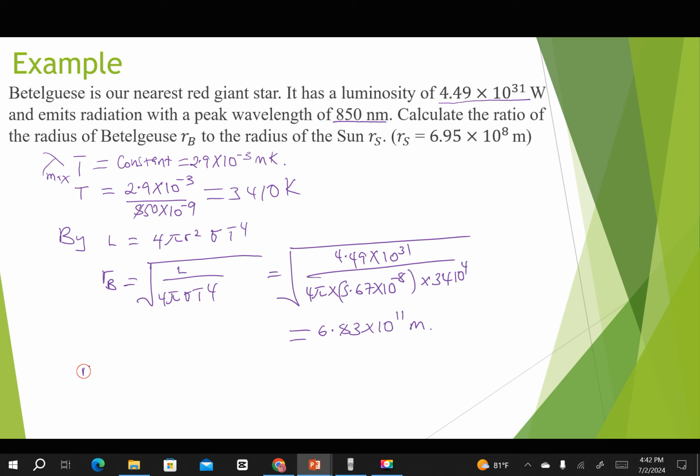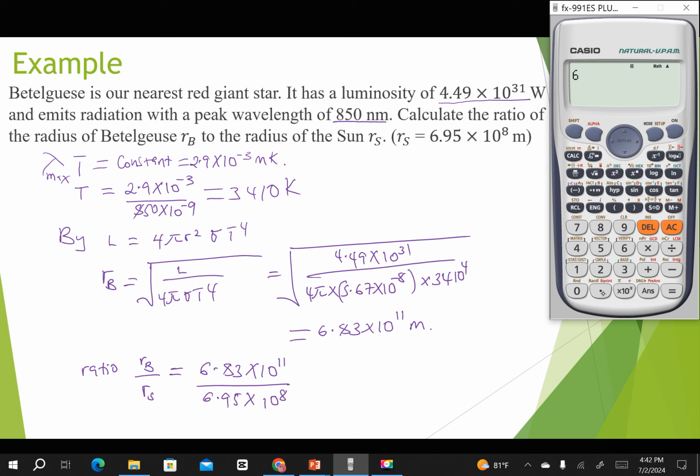So that means the ratio we want, the ratio of the radius of Betelgeuse RB divided by the radius of the Sun, is going to be 6.83 times 10 to the power of 11 divided by 6.95 times 10 to the power of 8.